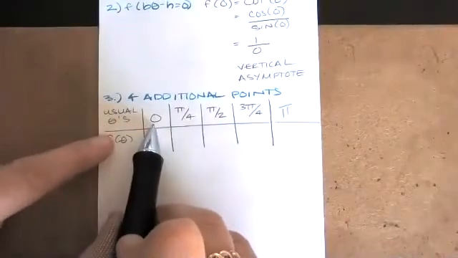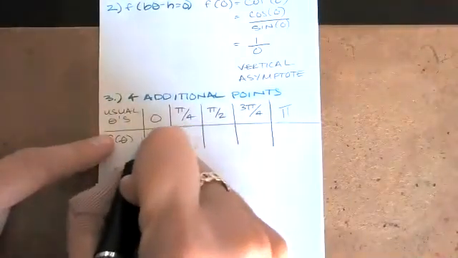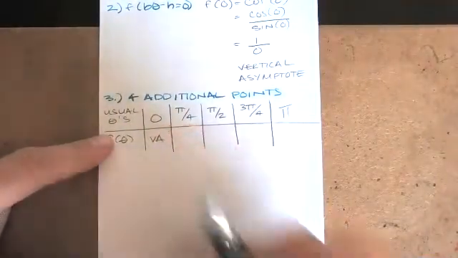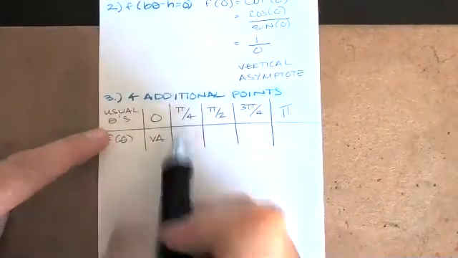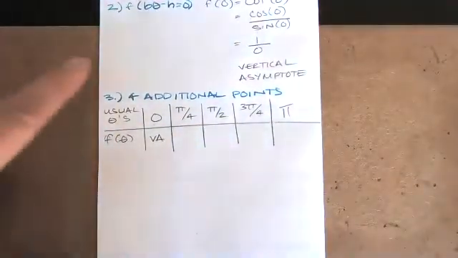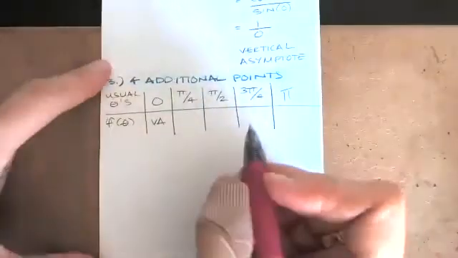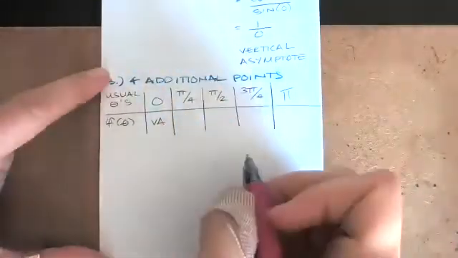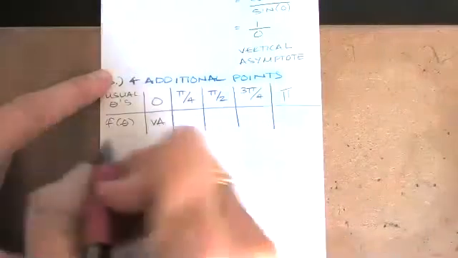So we saw when we plugged in 0, we got a vertical asymptote, which I'm just going to abbreviate VA. Now, I'm going to color code this a little bit, so people looking back on these notes later, if they're out for their AP test, it will make some sense.